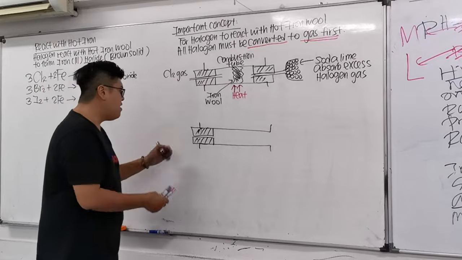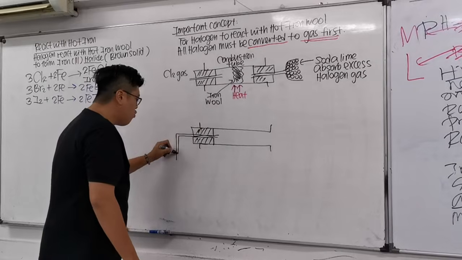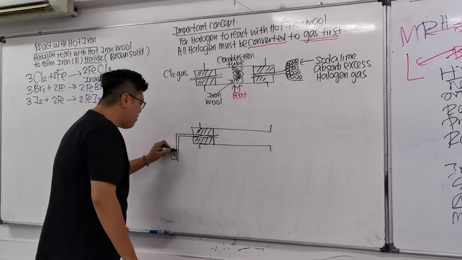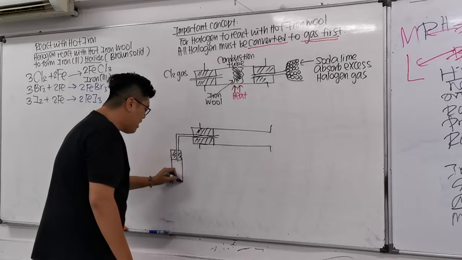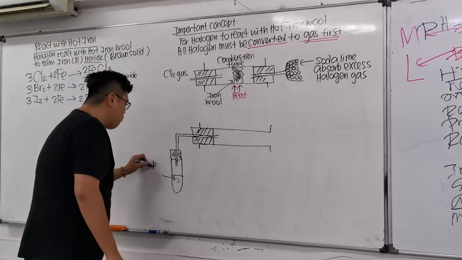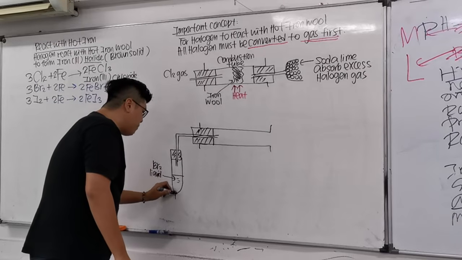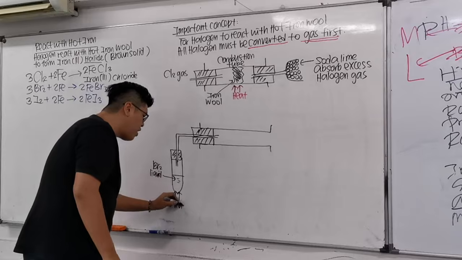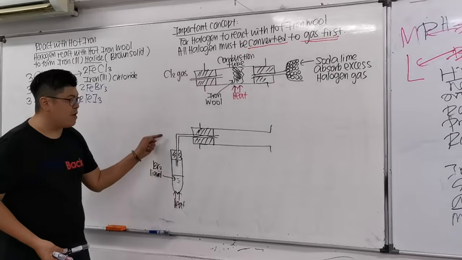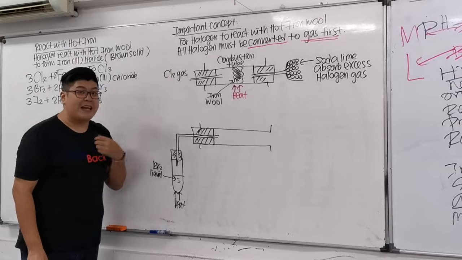So over here, you can do something like this. You can have a tube going to another separate test tube. In this separate test tube, you have some bromine liquid, which you heat in the first place. When you heat the bromine liquid, it vaporizes and becomes gas and goes in. Chlorine doesn't need this because chlorine is already a gas naturally.